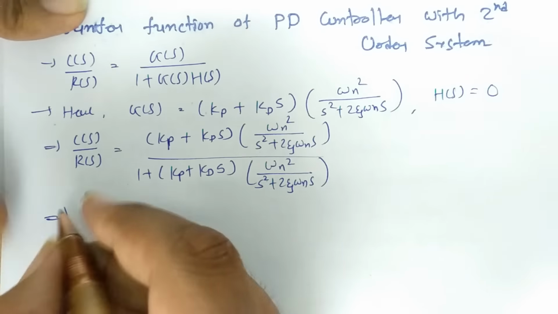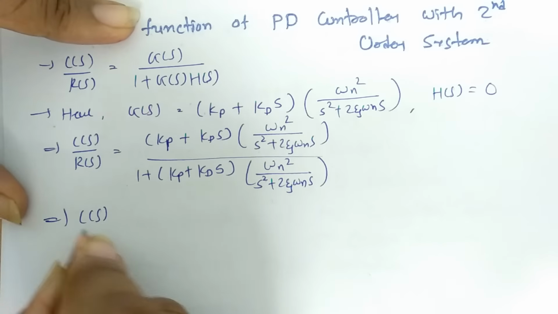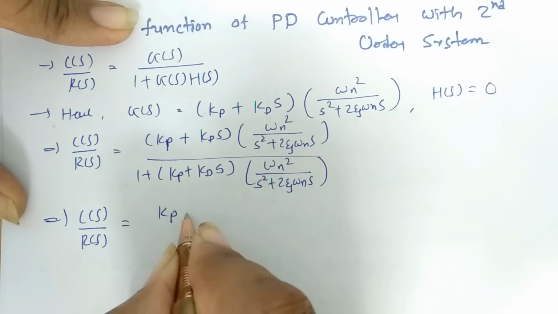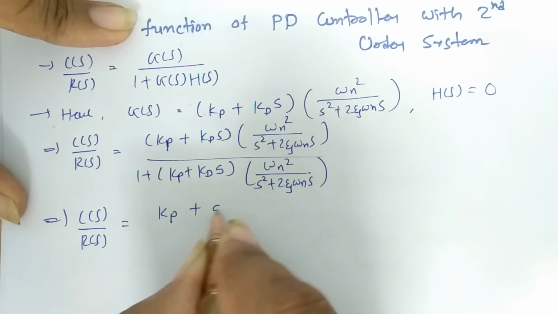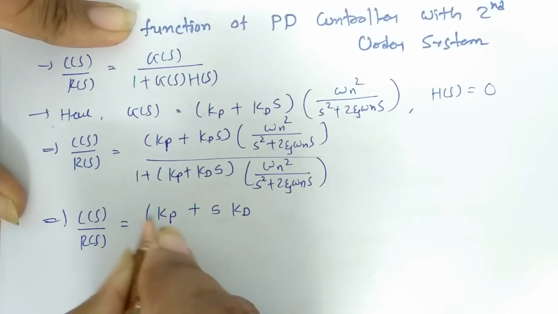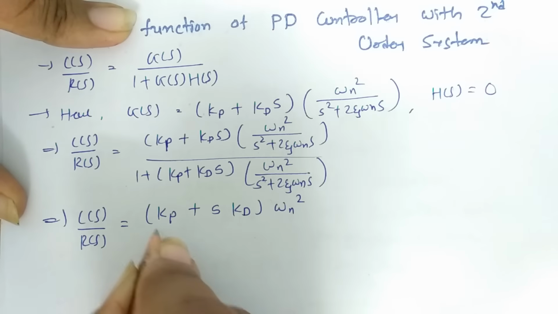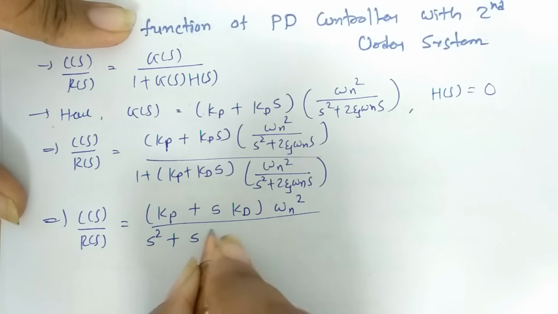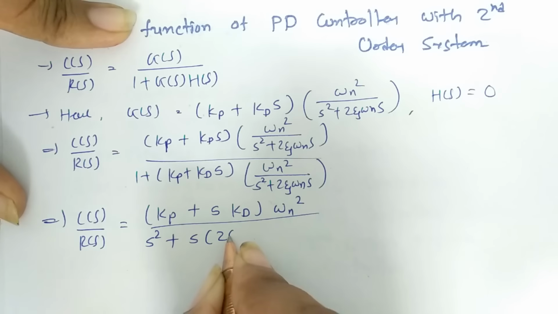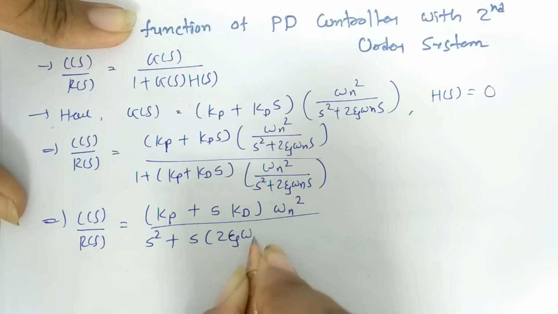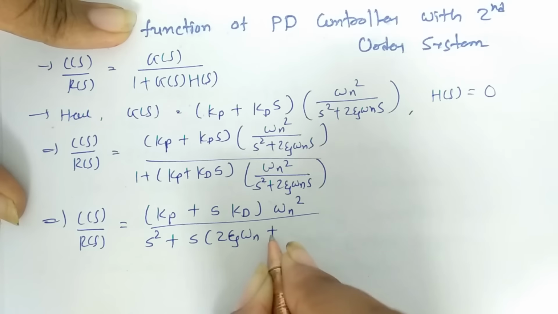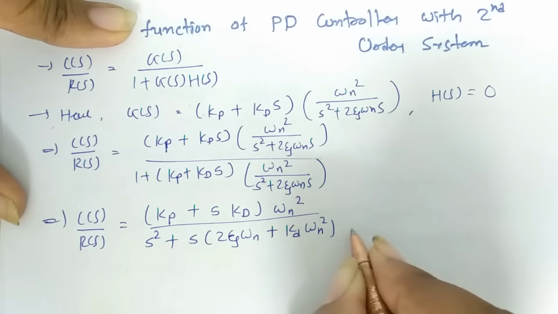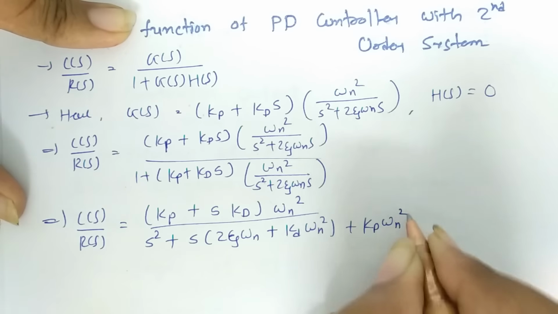So we'll have C(s) by R(s) as Kp plus s into Kd into omega square n divided by s square plus s into 2 zeta omega n plus Kd into omega n square plus Kp omega n square.